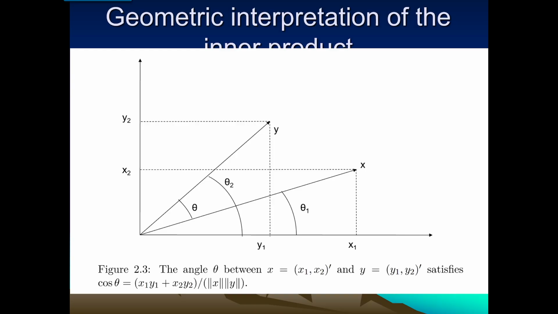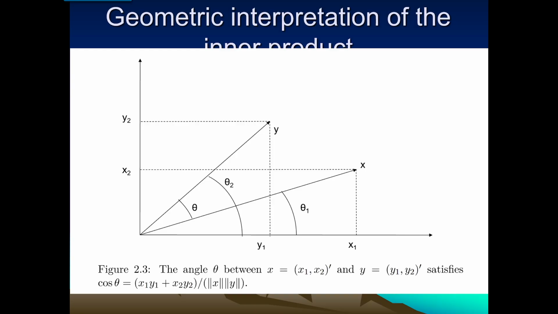Therefore, if the two vectors are perpendicular, 90 degrees, what is the cosine of 90 degrees? What is the cosine of pi divided by 2? Okay, don't check it on the internet.